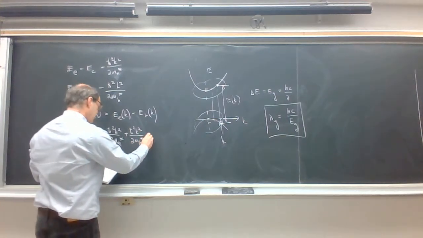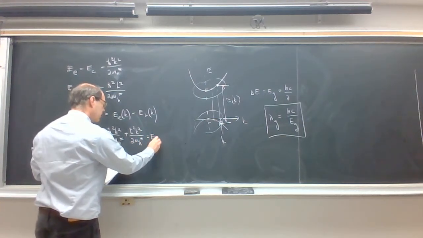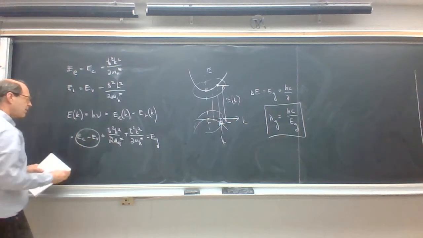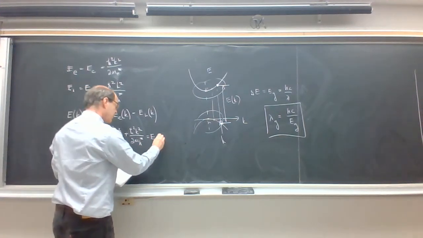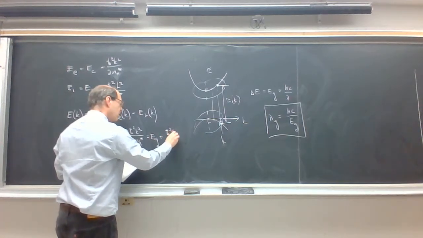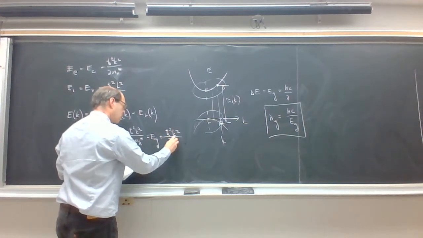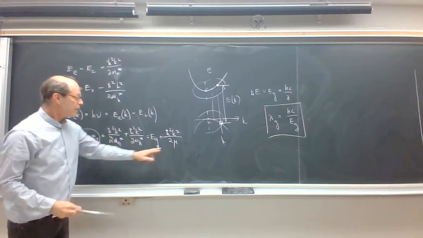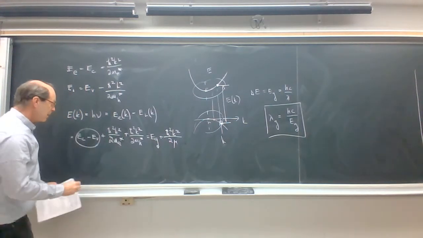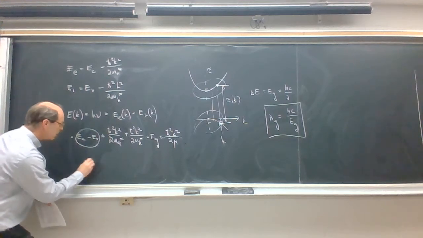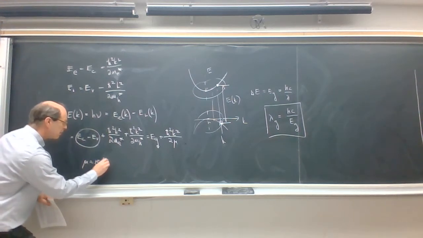You can rewrite this as EG, because of course this part of the expression is just equal to EG, plus another term, which we call h bar squared k squared over 2 mu, and we call mu the reduced mass.